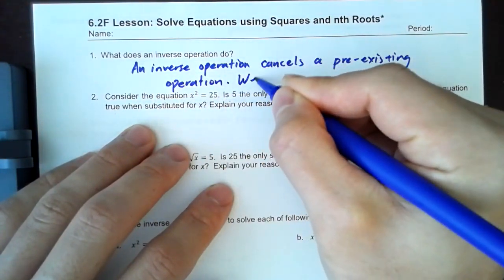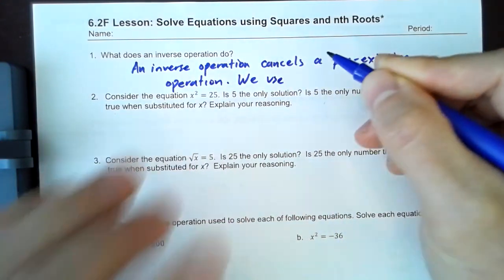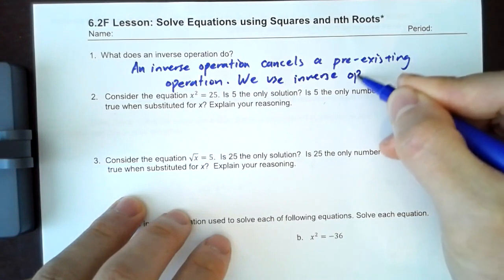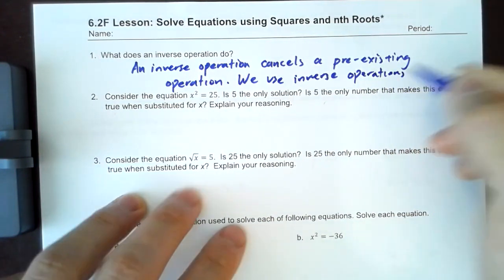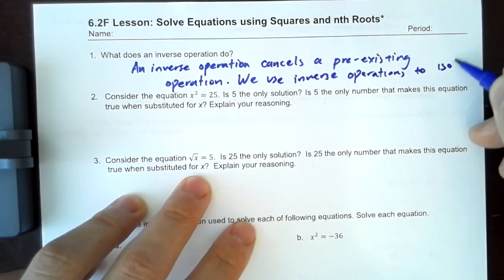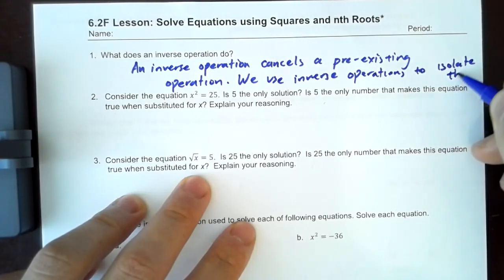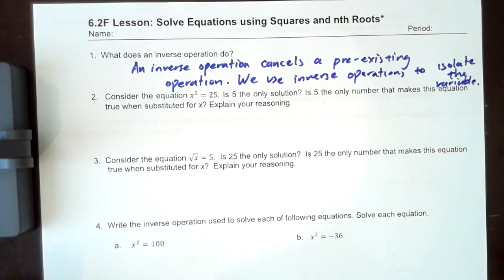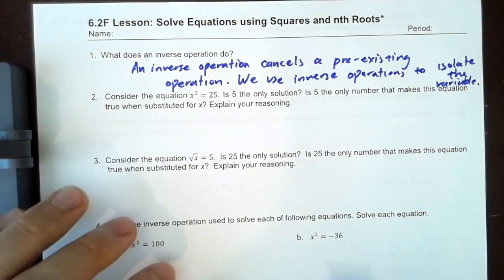And we use inverse operations to help isolate x, isolate the variable, right? Whether it be add and subtract, multiply or divide, square or square root.